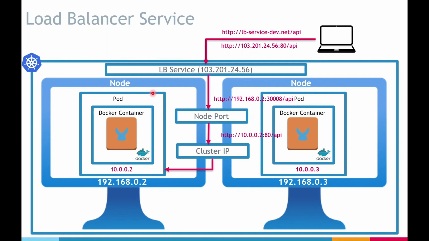So as we have seen, we can create a load balancer service which sits outside the nodes. So depending on what cloud provider you use, it would be native to that cloud provider, or if it is on-prem, you have to spin up a new instance for a load balancer and install it. So if it is EKS, then it's Amazon's network load balancer, and so on for other providers.